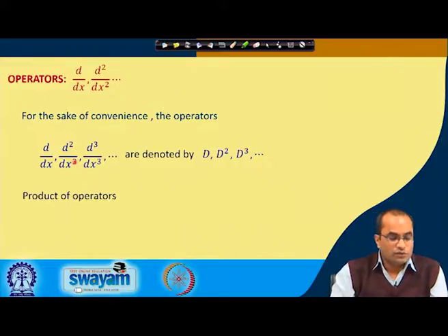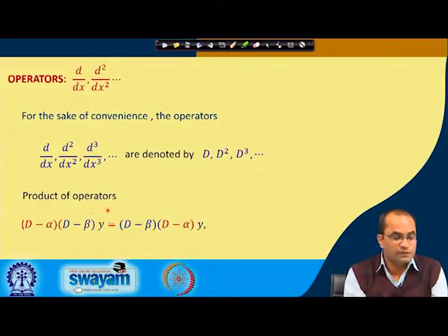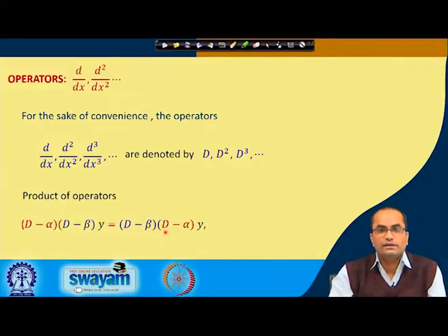With this introduction of operators, we will see that the product of the operators D minus alpha and D minus beta, where alpha is a constant and beta is another constant, operating on y, is the same as first operating D minus alpha and then D minus beta.